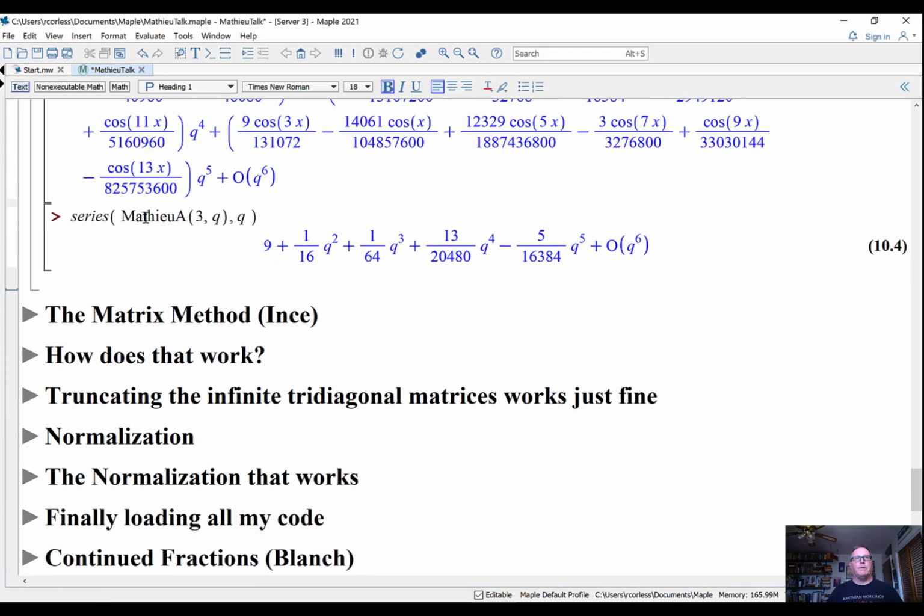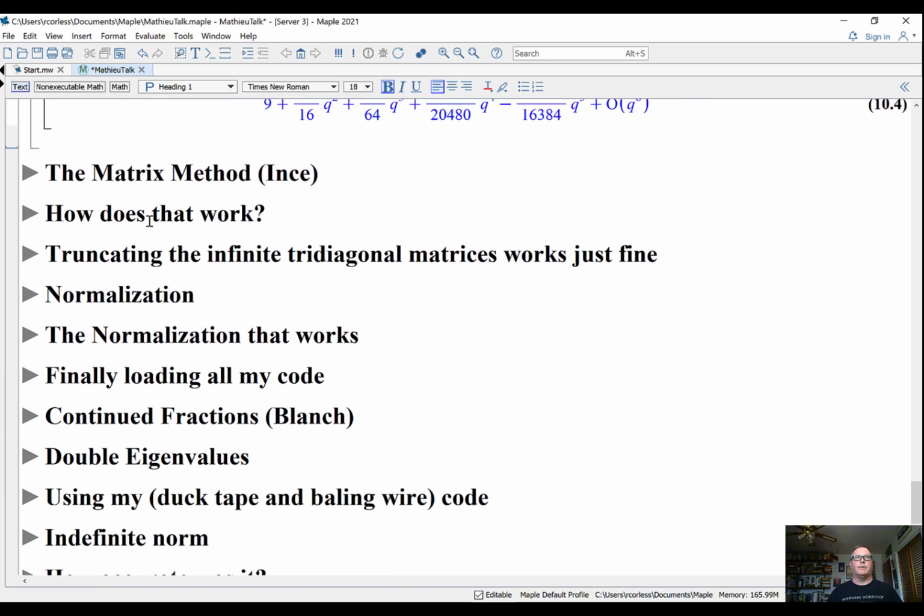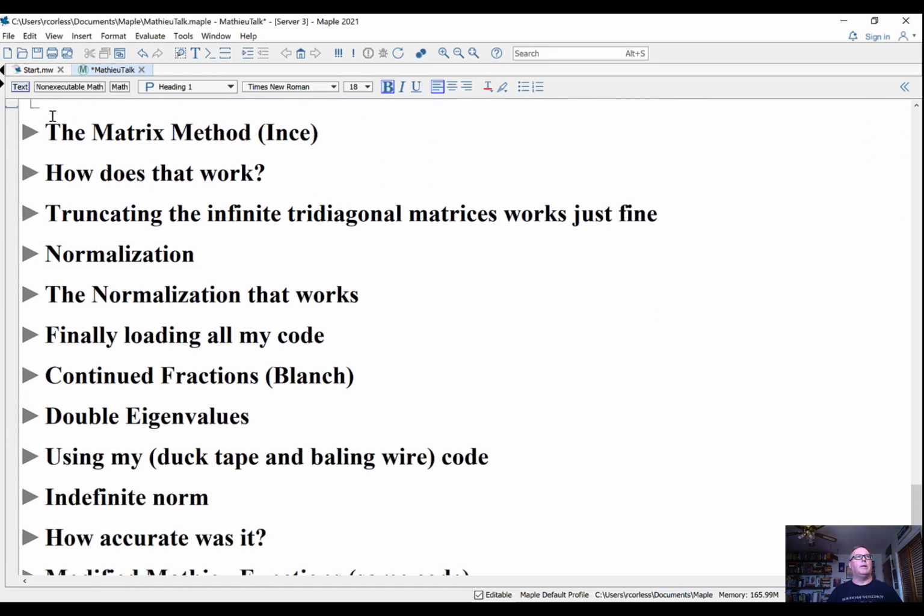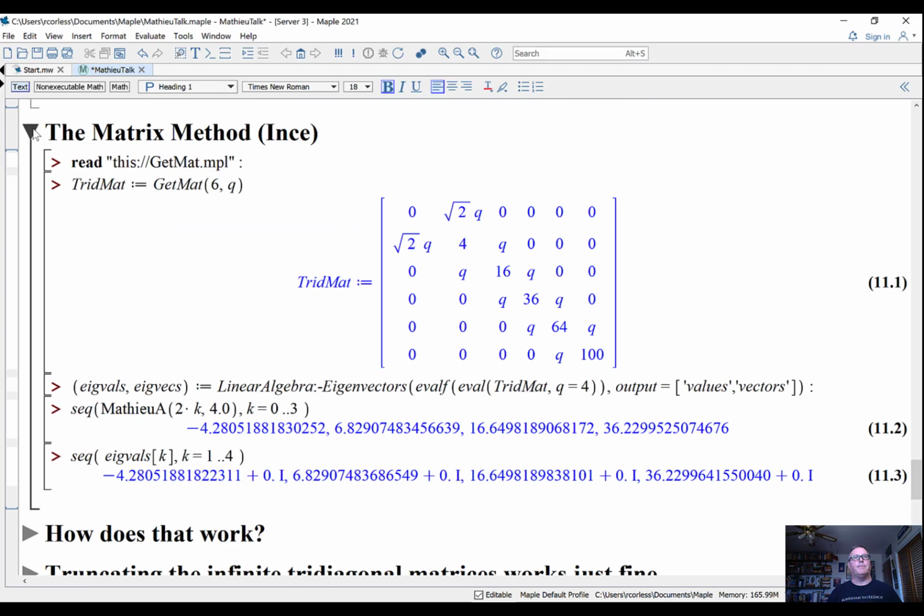Great. Perturbation expansions are fun and useful, and Fourier series are wonderfully useful. But let's see what Ince did. Ince took the Fourier series and said, I can write that in terms of determinants. He wasn't thinking in terms of eigenvalues. He was thinking in terms of determinants.